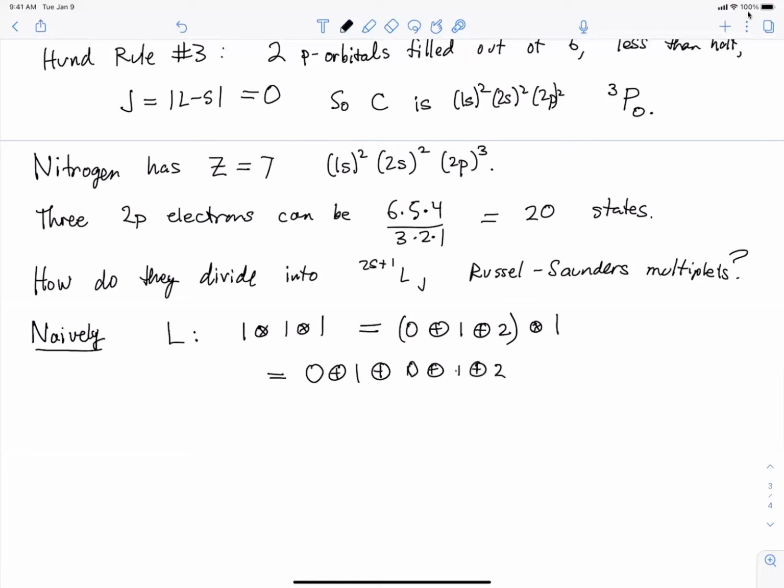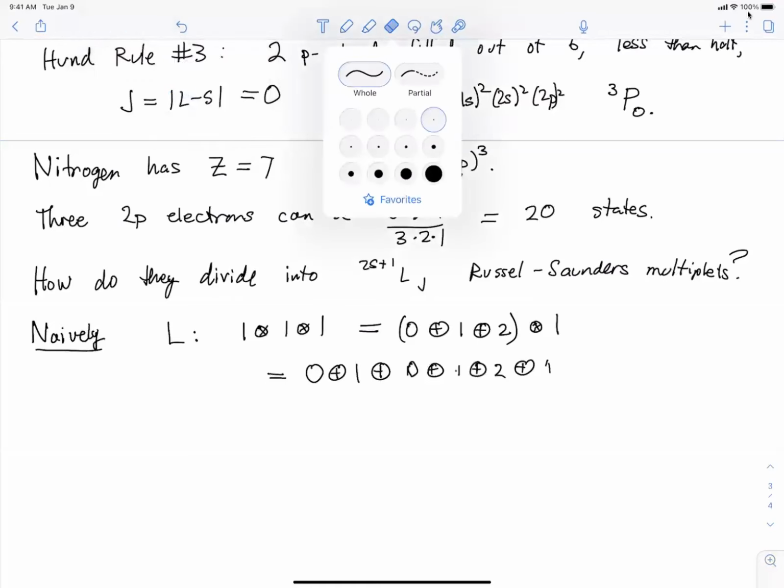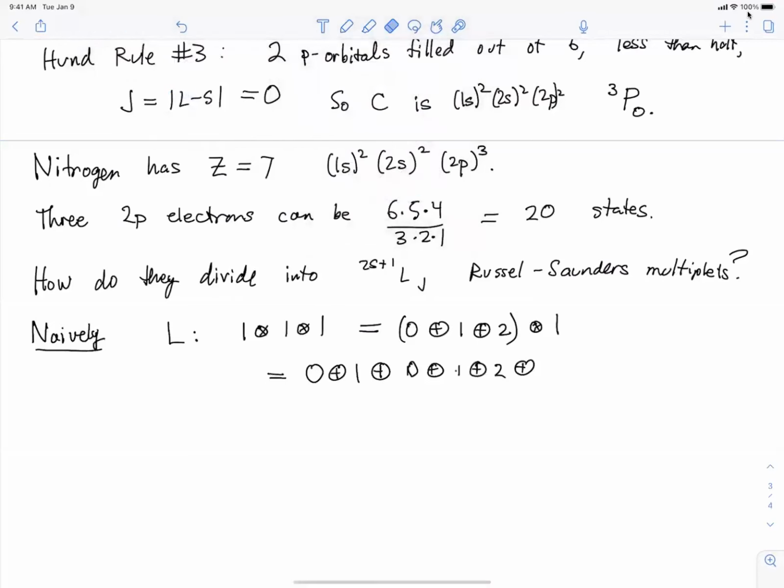And then when we do 2 tensor product 1, we get 1 plus, I'm doing a bad job writing this. Sorry, we get 1 plus 2 plus 3.